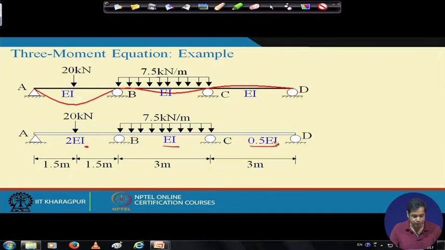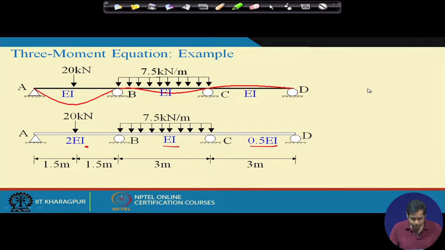So we reduced the stiffness of member CD to half of the previous stiffness, and we increased the stiffness of member AB by 2. Now, let us see what happens for this case.